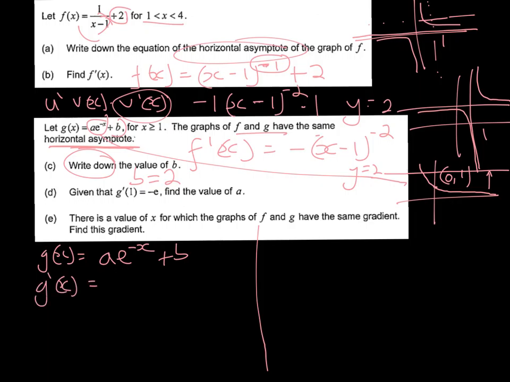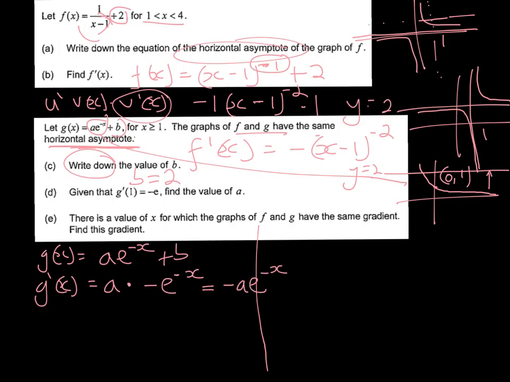So we should be able to see that that's using the constant multiple rule going to be a multiplied by the derivative of e to the negative x, which is going to be negative e to the negative x. The plus b is going to disappear, and therefore we just end up with negative a e to the negative x.